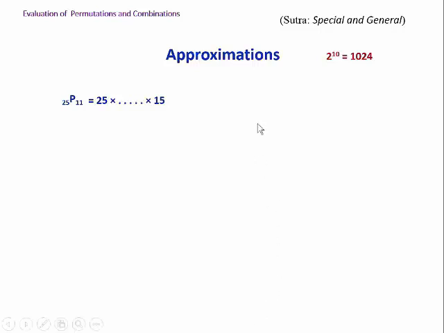What we can do is to use the average in this case. In the middle here we've got 20, so we could say that the product of these numbers is close to 20 multiplied by itself 11 times. So 20 to the power 11 is an approximation.